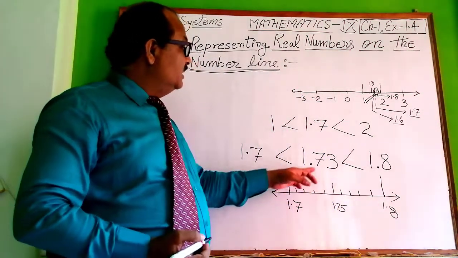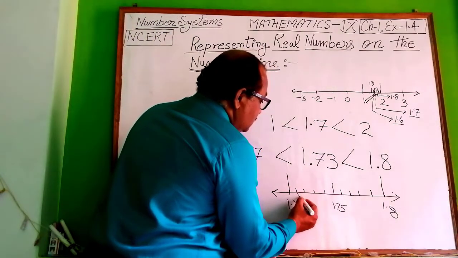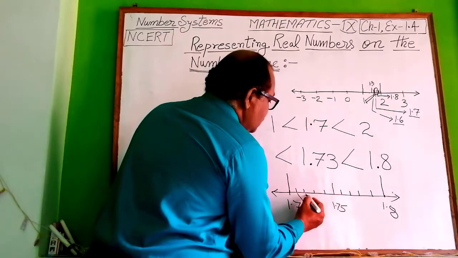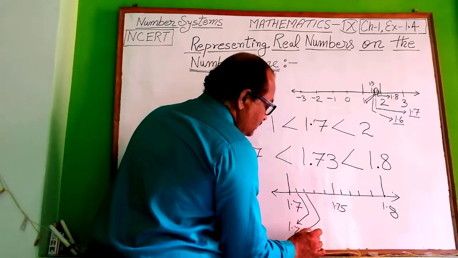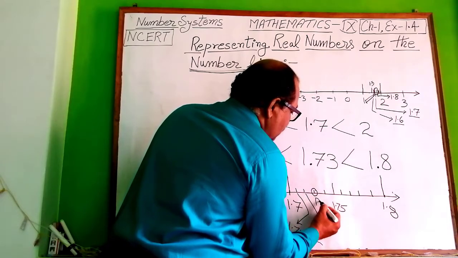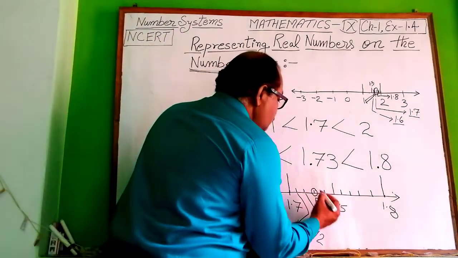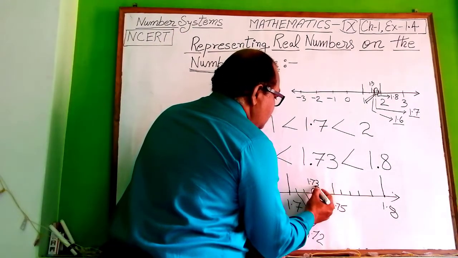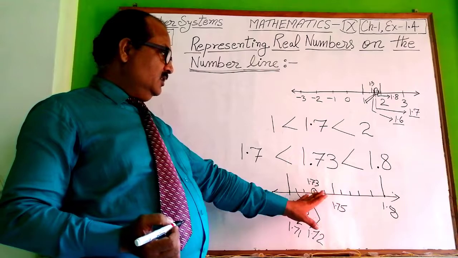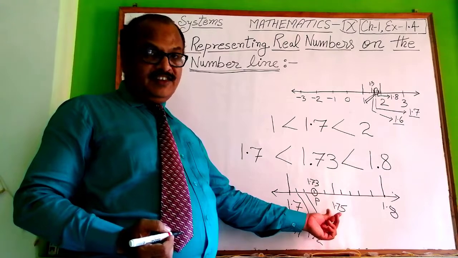So where this point will be, you can see next one. This point will represent 1.71. This next point will be 1.72. And now this point will be, suppose P. So this point P will be 1.73. Suppose up to two places of decimal we want to represent. So up to this stage we will finish the representation.